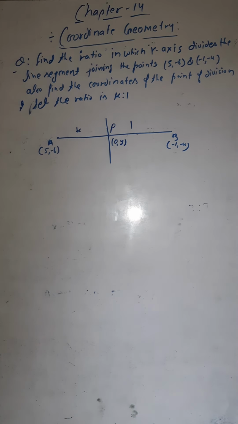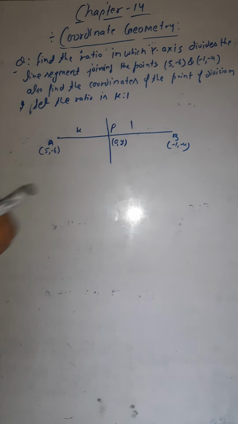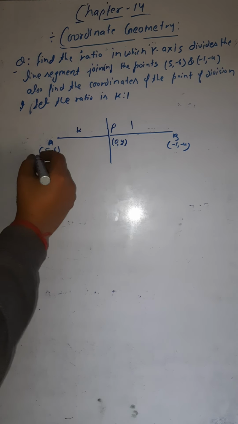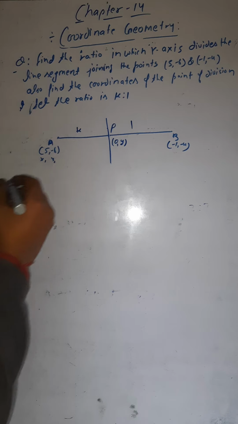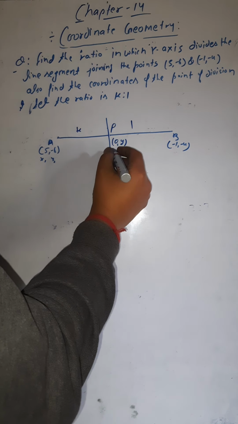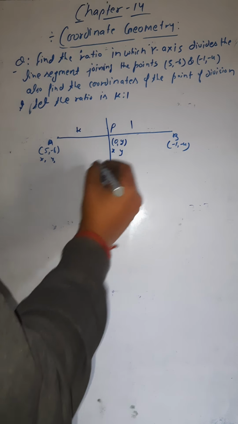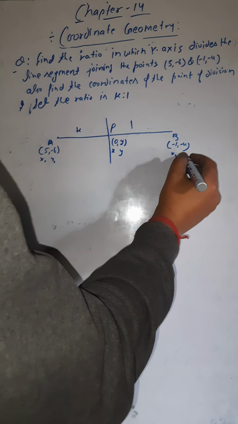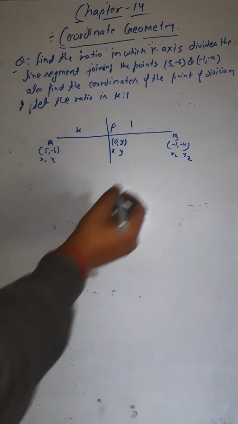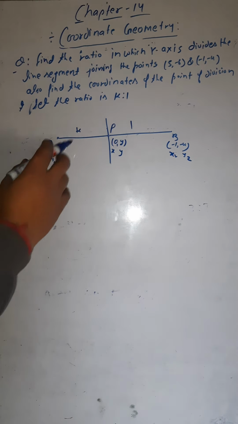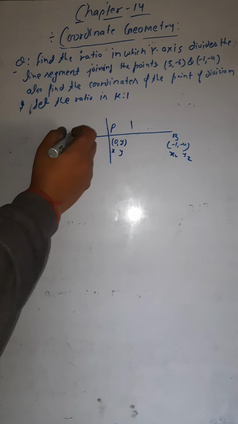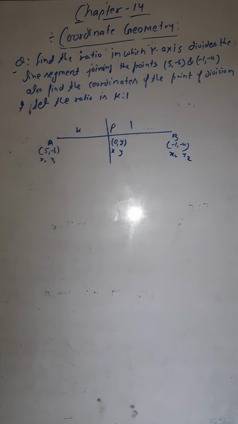This is the ratio in which the y-axis is dividing. Now we know the coordinates also: this is x1, this is y1, this is x and y, and this is x2 and y2. You know the value of all these, and m1 is k and m2 is 1.